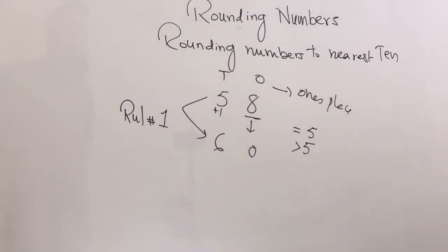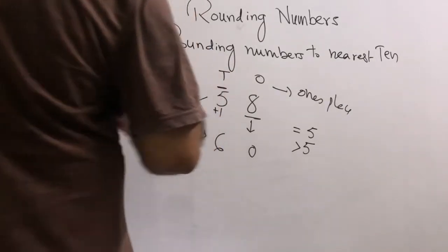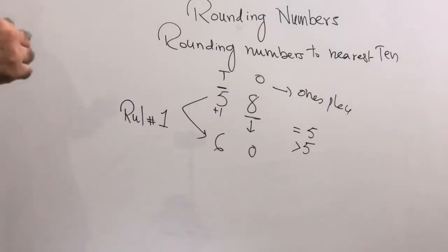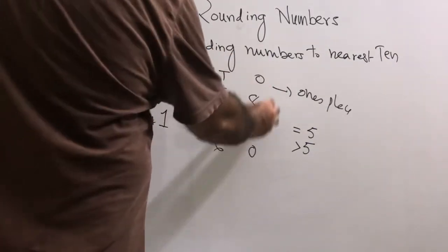I will repeat the rule. This rule is for rounding numbers to nearest 10. This is the 10th place. The rule says we need to look towards the ones on the right side.